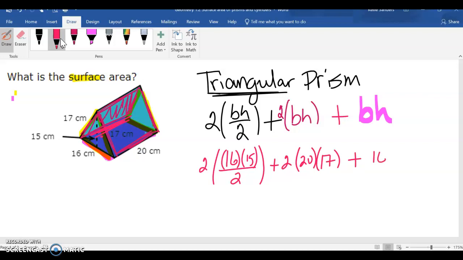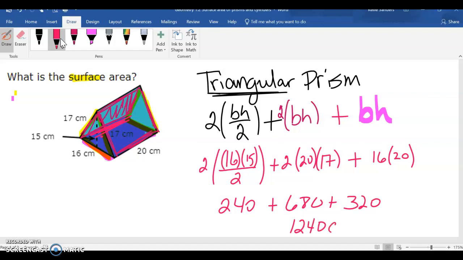And then the bottom is 16 by 20. That's 240, then 680, then 320, which would be 1,240 centimeters squared.